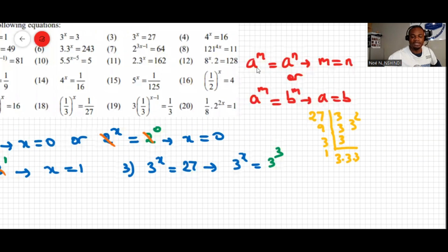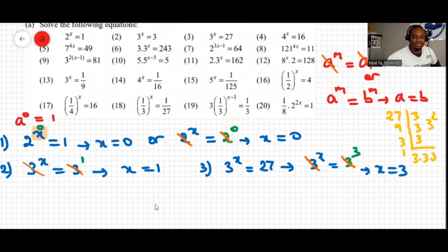When the bases are equal like that, we just drop the base, we equate the exponents. So we just drop the bases and then x will be equal to 3.